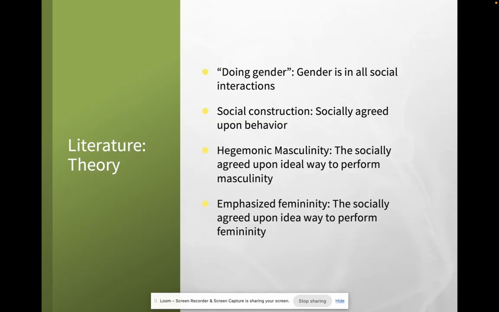This is sort of the head honcho guy that other men aspire to be like. Similarly, emphasized femininity is the socially agreed upon ideal way to perform femininity. So again, this is the sort of quote unquote queen bee that other women aspire to be like. Her hair and makeup's always perfect. She adheres to pretty traditional notions of femininity, and hegemonic masculinity is about adhering to pretty traditional notions of masculinity.